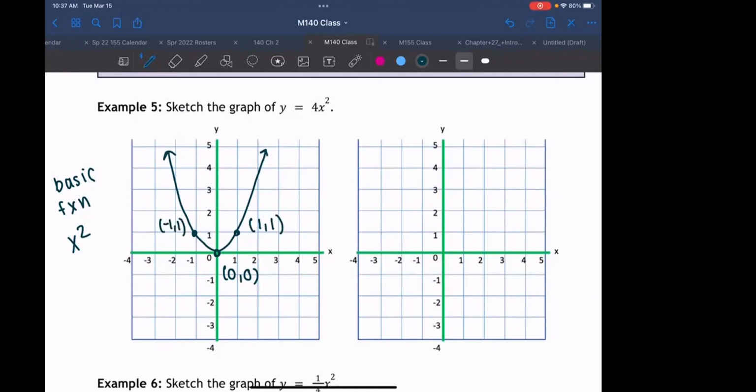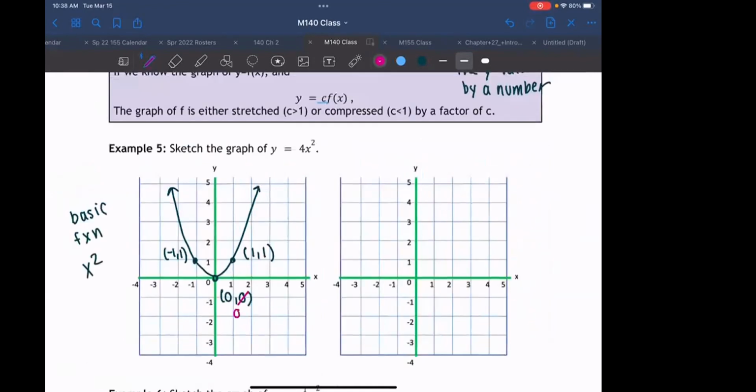Okay. And I'm going to take the y value and multiply it by the number that's being multiplied here. So for example, I'm going to replace the y value of the 0 coordinate and multiply it by 4 to get 0. So my new point is 0, 0.